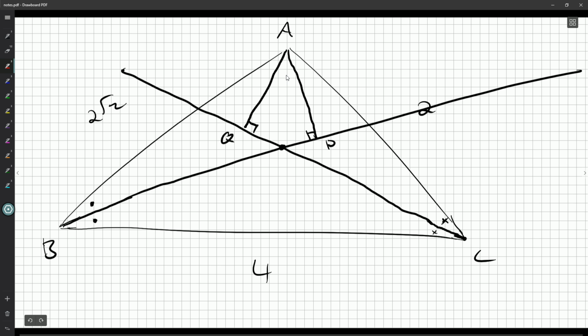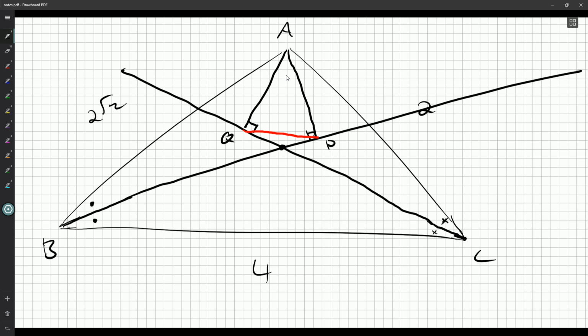Now, what do we want? We want the length of PQ, or QP, I guess, because I've got them working backwards here. Okay. So what can we do here? I don't even know if P and Q are inside this triangle, but I want this length here.